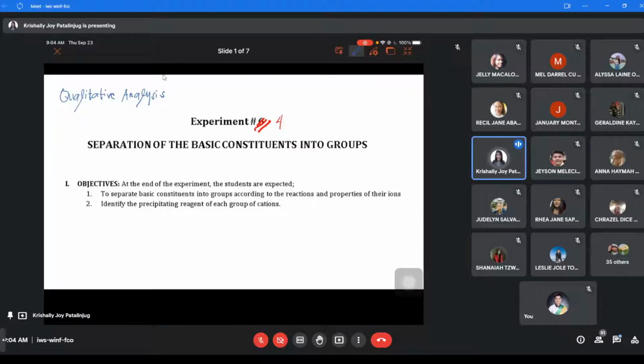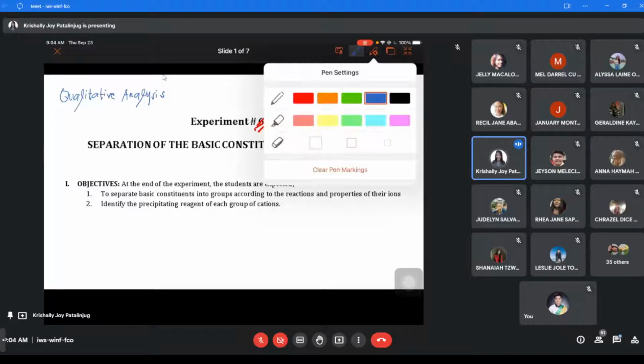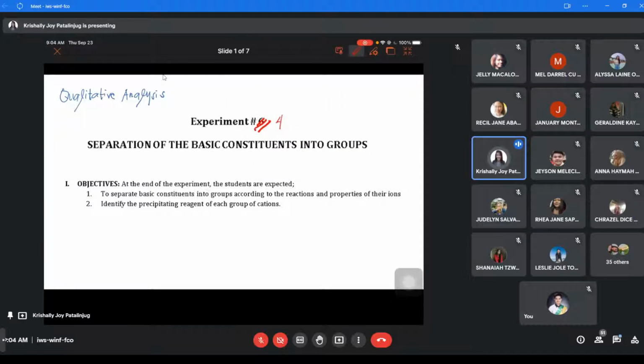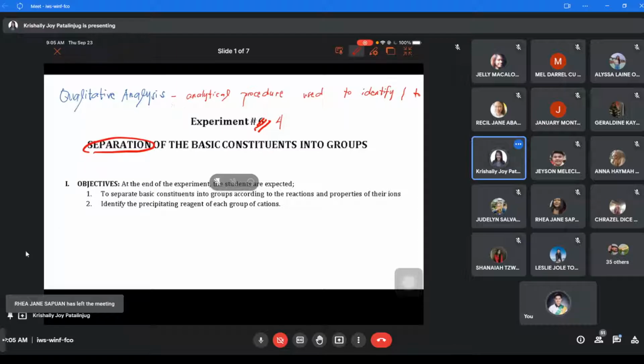Now let me define first what a qualitative analysis is. When you say qualitative analysis, it is an analytical procedure which is used to identify or to separate ions.